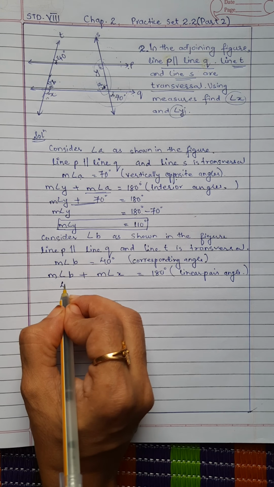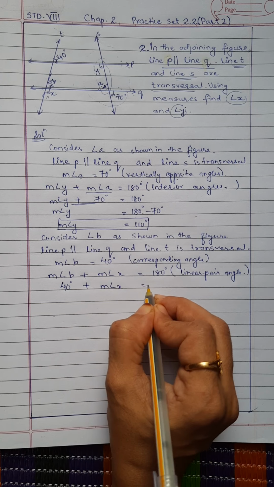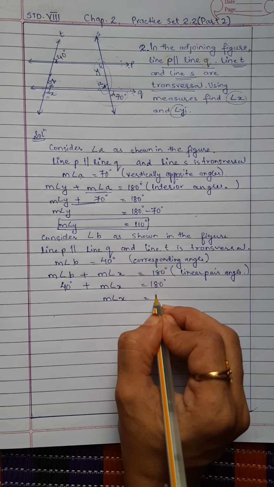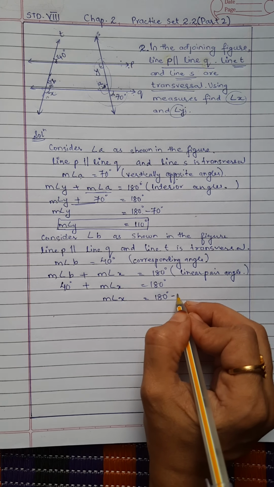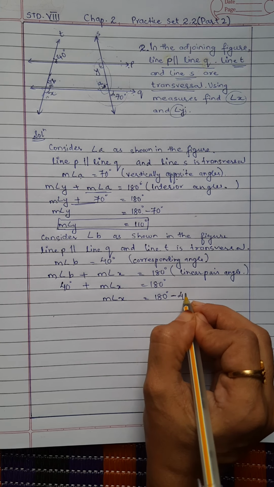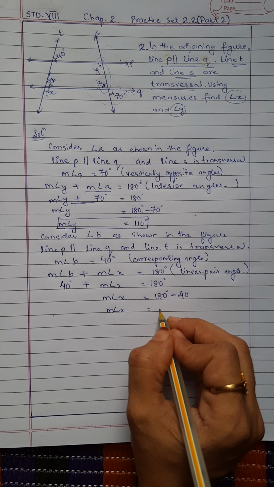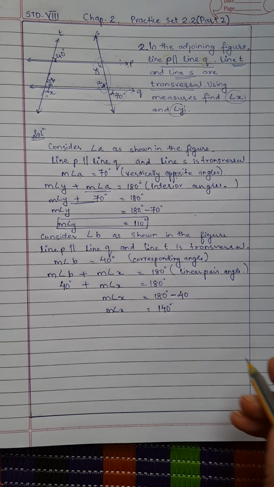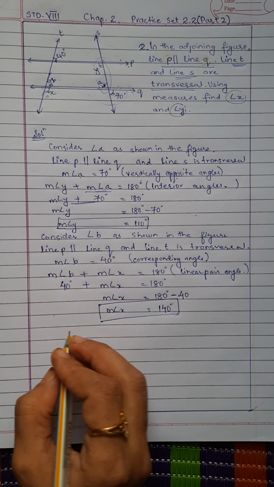So write 40 instead of measure of angle B. Keep measure of angle X and 180 as it is. Bring this 40 to this side. It is in plus form, so it will change the sign. Measure of angle X will be equal to 180 minus 40, that is 140 degree. So you got measure of angle X as 140 degree.